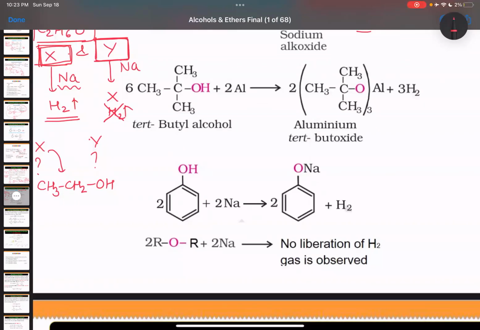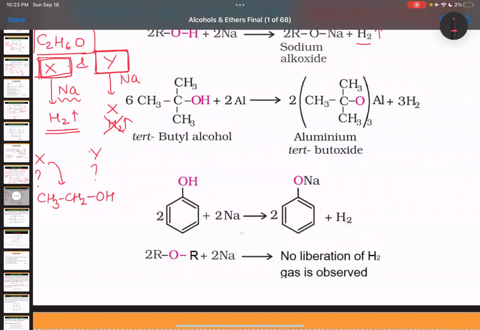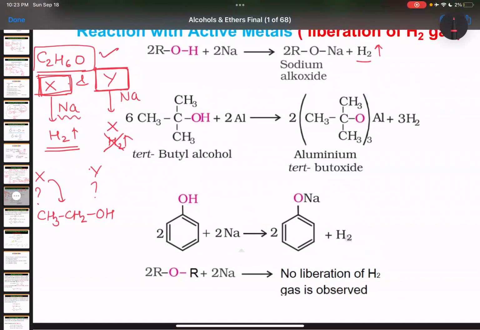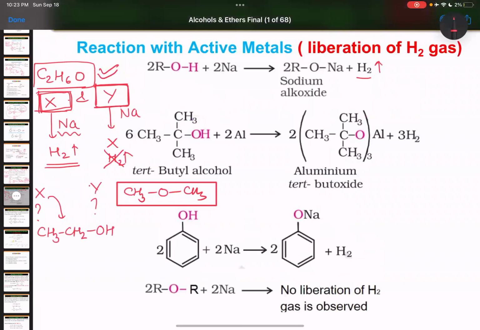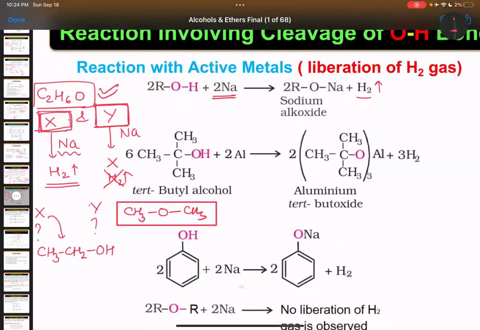So what is Y? Methanol. No, they have the same formula. They are isomers. Okay, that is ether. Is it clear? Yes. So ether, because this test is a very basic test, but it can work only for distinguishing alcohol and ether.